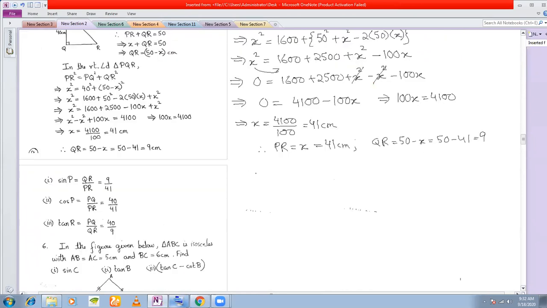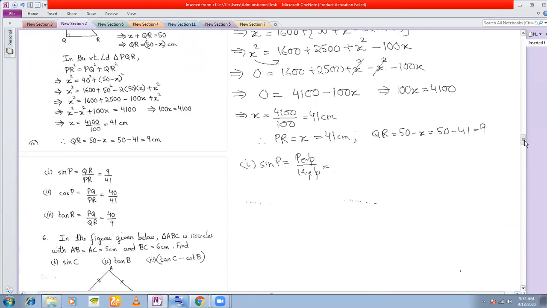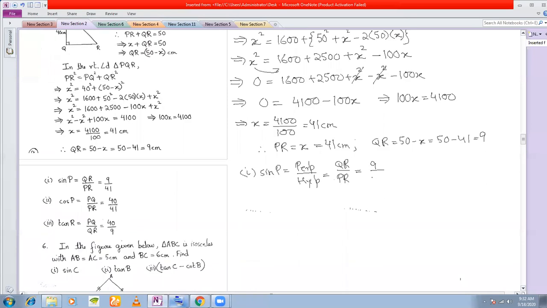So sine P is perpendicular by hypotenuse, and perpendicular is QR by PR. QR we have found as 9, and PR, the hypotenuse, we have found as 41. So sine P is 9 by 41.